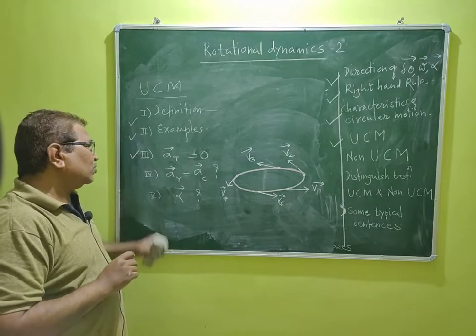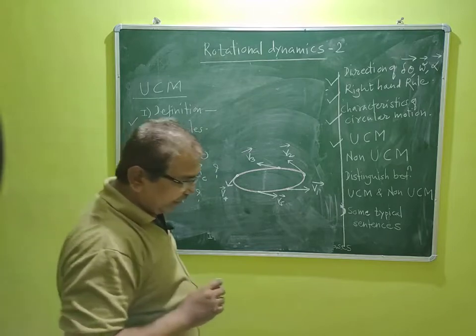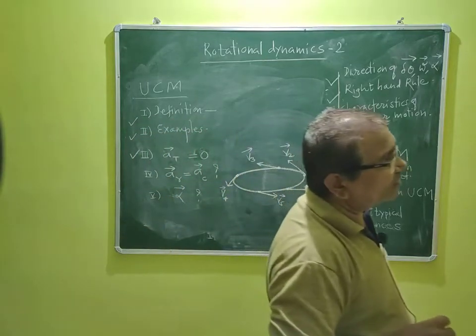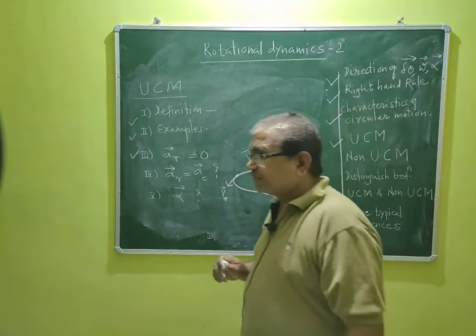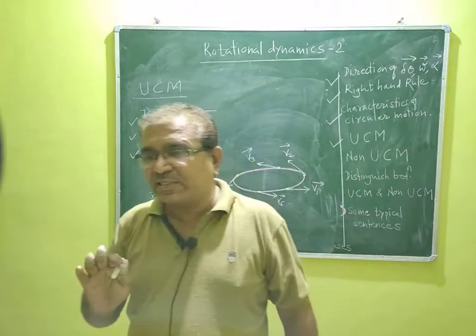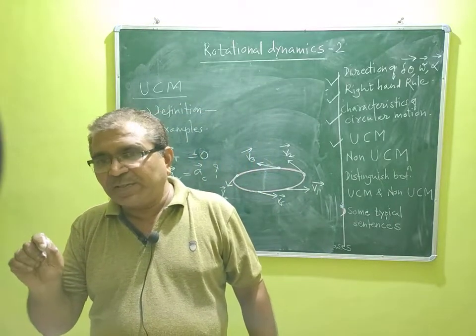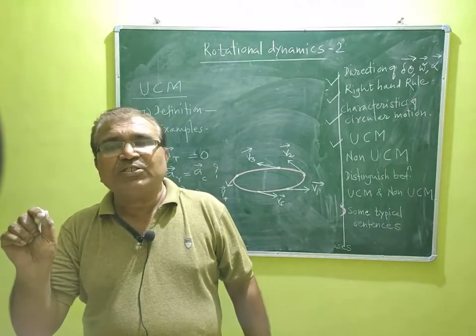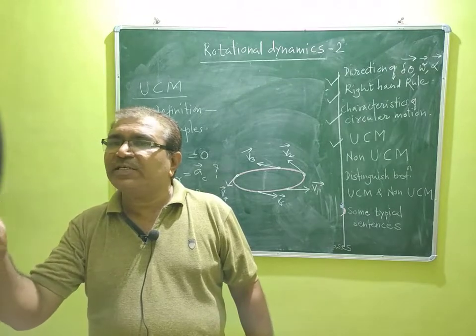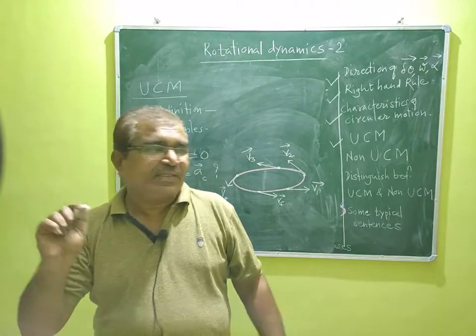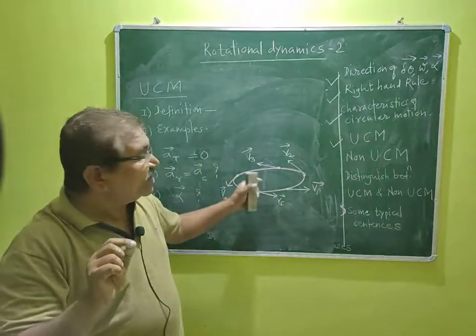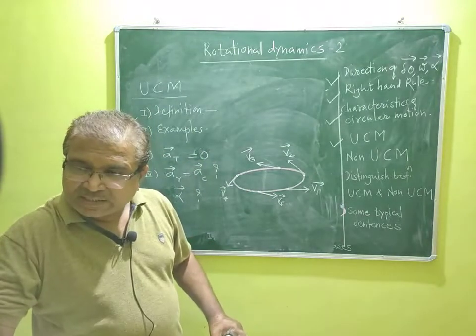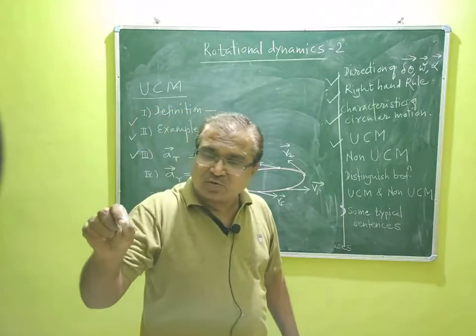Then the fourth point is radial acceleration a_R vector or centripetal acceleration a_C vector. Centripetal acceleration depends upon change in the direction of linear velocity. Before observing the diagram, write this sentence in your notebook.